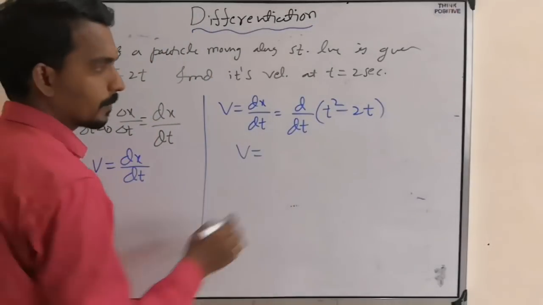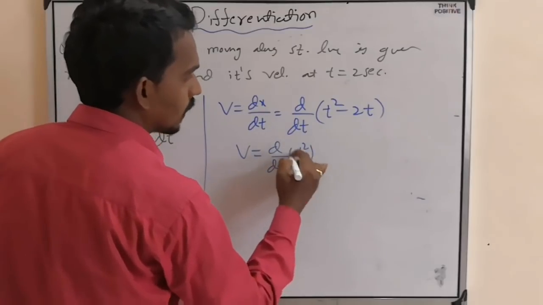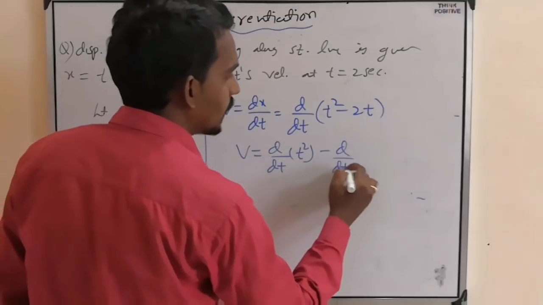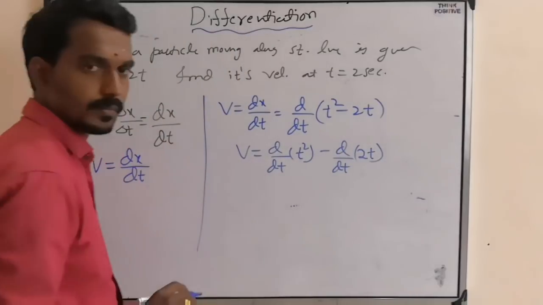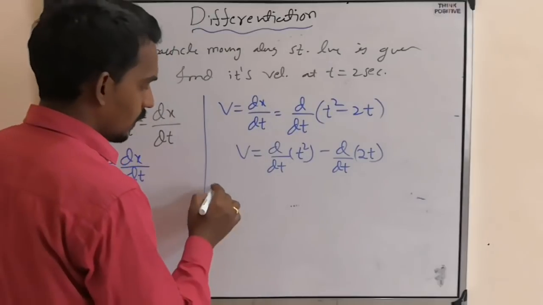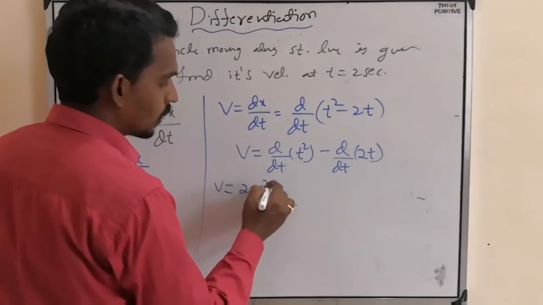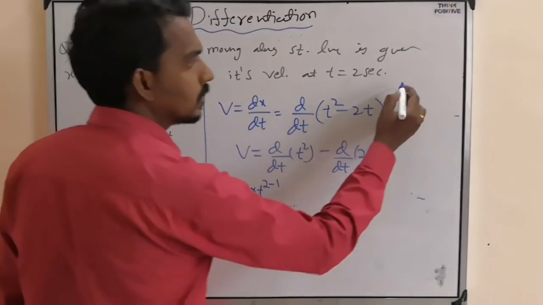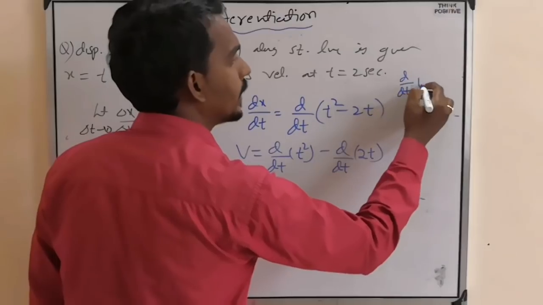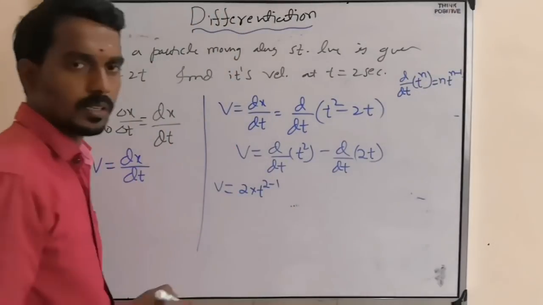So v equal to d by dt of t square minus d by dt of 2t. Two terms are there, so I have written them separately. Then v equal to 2 into t power 2 minus 1. Why? Because the formula is d by dt of t power n is n into t power n minus 1.